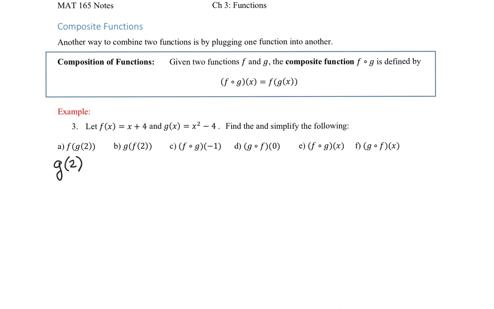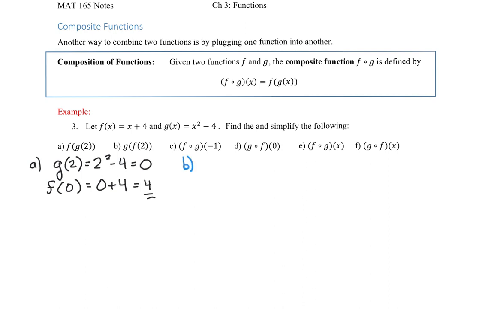So we're going to plug 2 into g, and we'll come out with 0. Once that happens, we're going to plug 0 into f, and we'll get 4. Therefore, f of g of 2 equals 4.